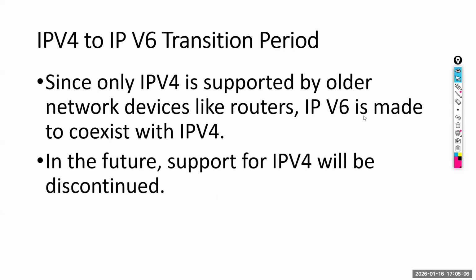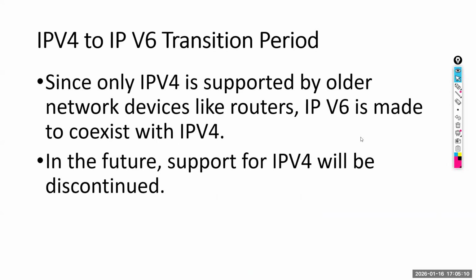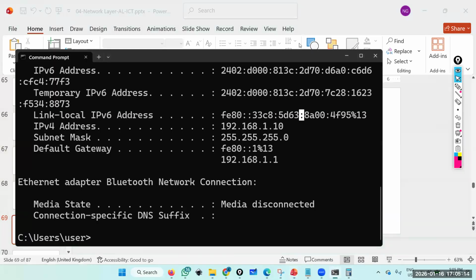Now, for example, if you see something like this, here we have a double colon. Let's count: 1, 2, 3, 4, 5. Usually we need 8, right? So that means this is 3 sets of zeros.